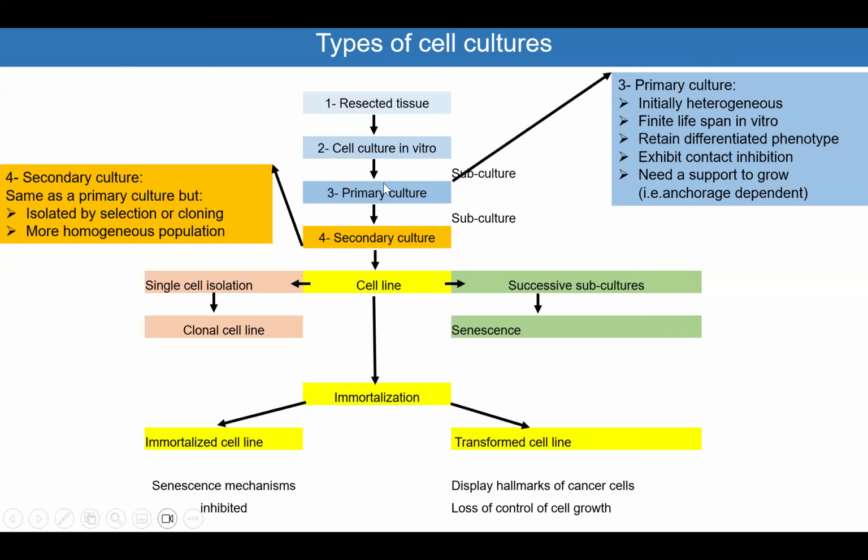Because when you do the subculture, most probably some of the cells die because the growth medium you are using is not going to be useful for all the cells. Some of them die and some of them are retained. Now, to maintain the cell line, you have to immortalize it. And in the next slide, I will describe how we do cell line immortalization.